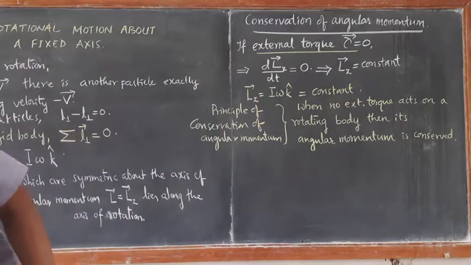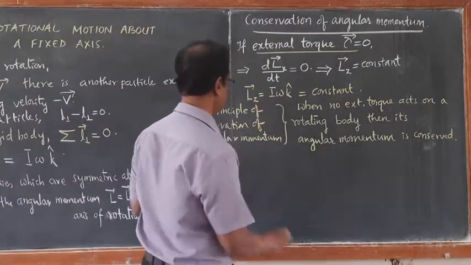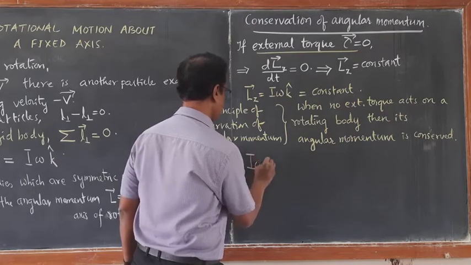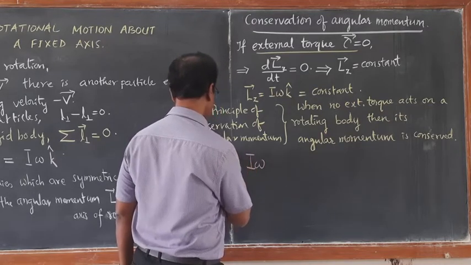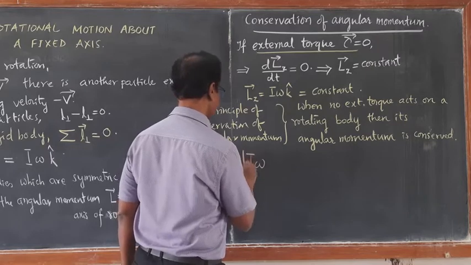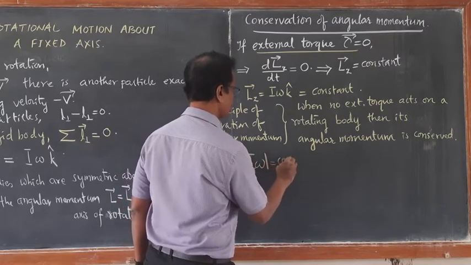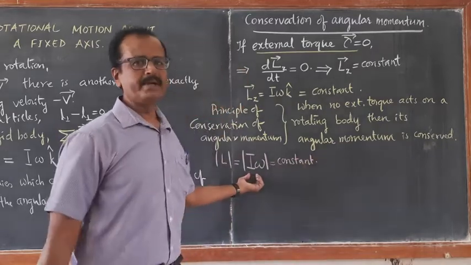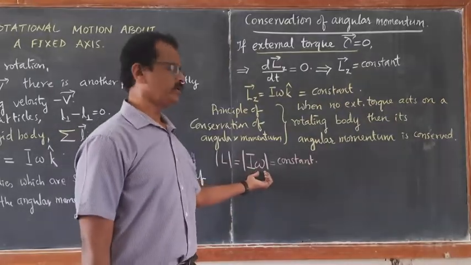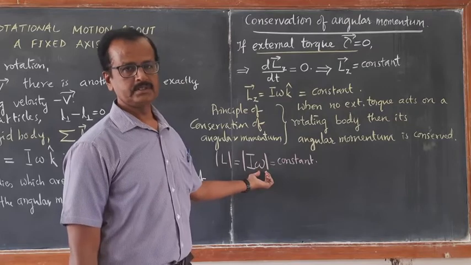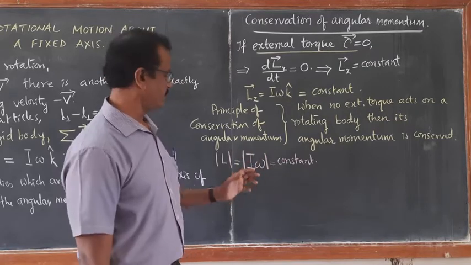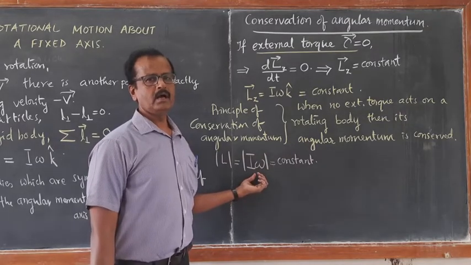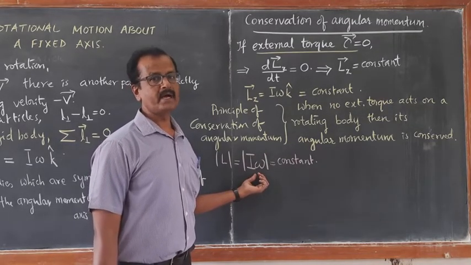It means if you take only the magnitude, the product I omega remains constant. By changing the moment of inertia, the angular velocity can be changed. Suppose at one instant the moment of inertia is I1 and the corresponding angular velocity is omega 1.